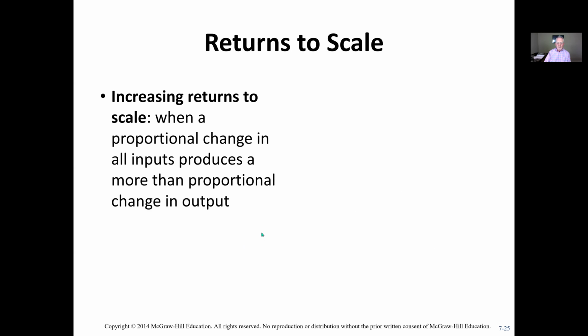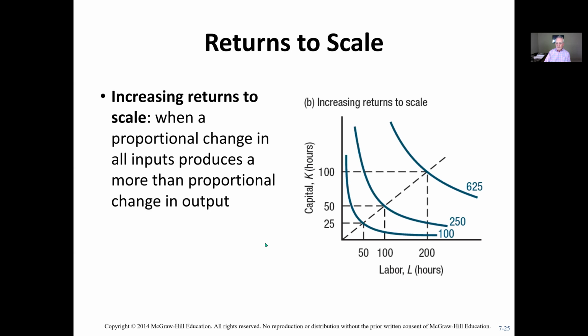Increasing returns to scale is when a proportional change in all inputs produces a more than proportional change in output. So once again, we double inputs, and as you can see, output more than doubles. It goes from 100 to 250, 250 to 625. So looking at this isoquant map, I can observe that this production technology exhibits increasing returns to scale.